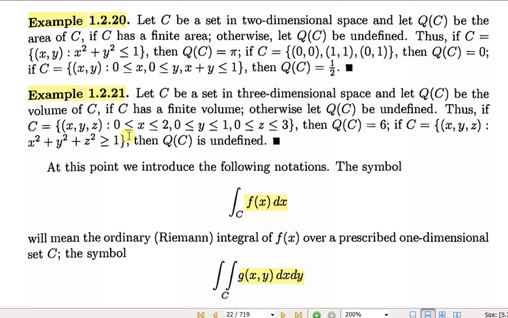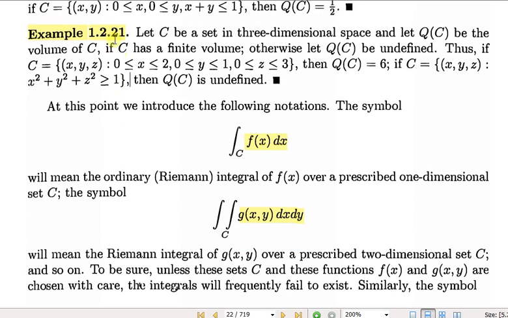And then we have an example. Let C be a set in three-dimensional space, Q(C) the volume of C, if C has finite volume, otherwise Q(C) is undefined.